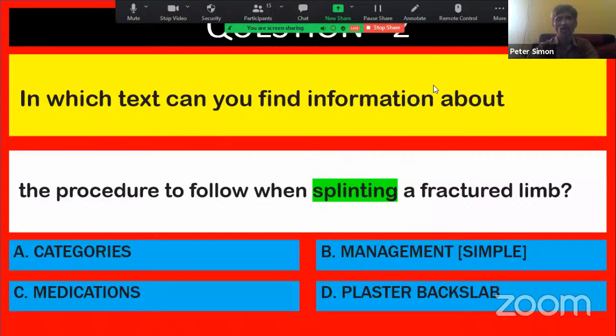The options are A, B, C, D. Create poll, quiz mode, inductive method.